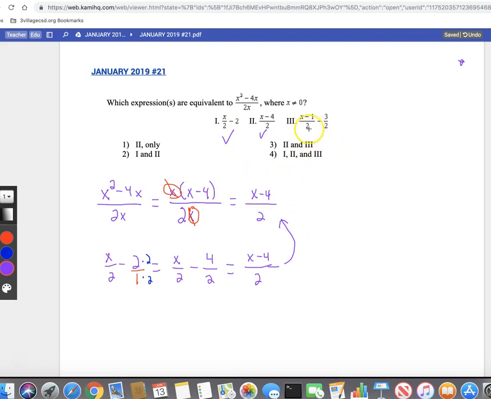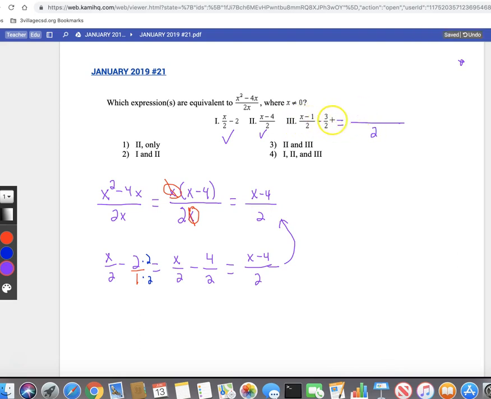But now, how about choice 3? If you look at choice 3, again we have a similar situation of two fractions that are being subtracted, and they already have the same denominator, which means we can perform the subtraction.